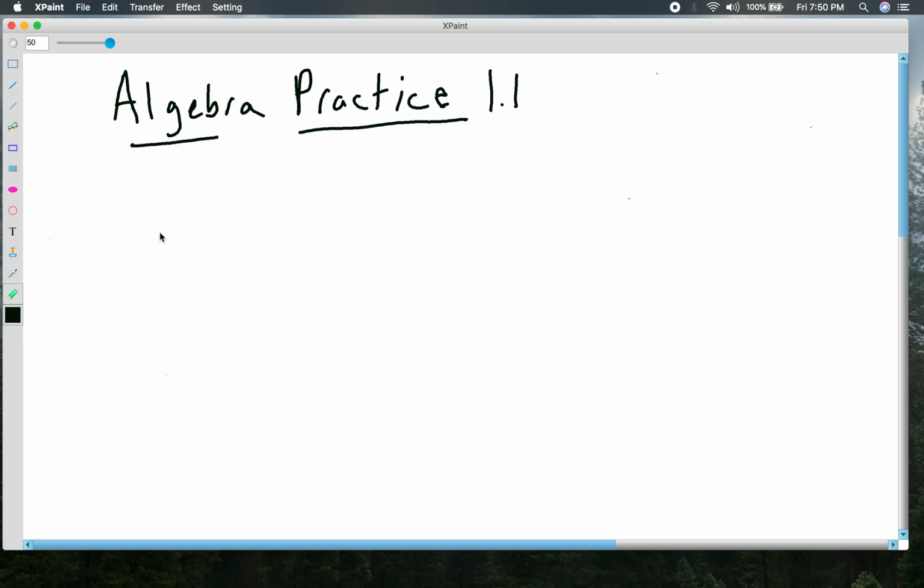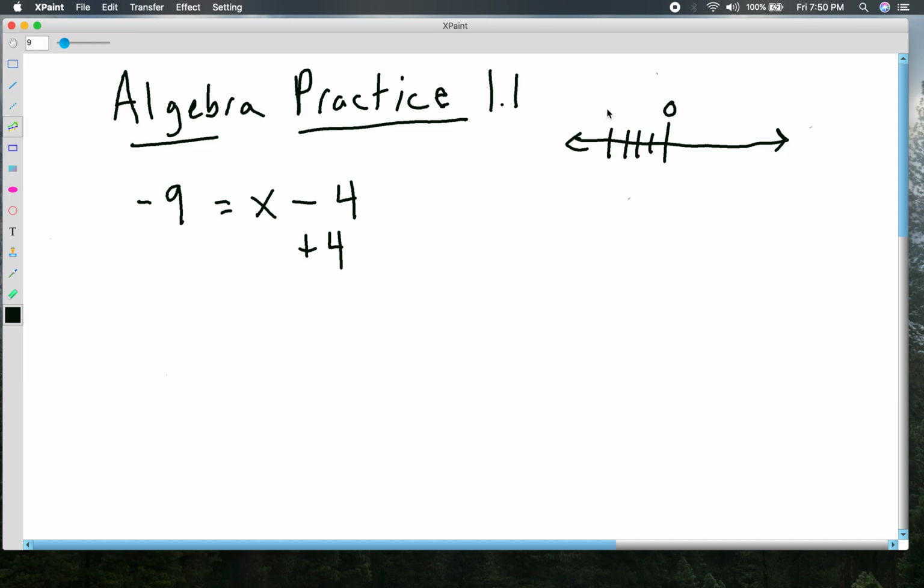Let's do negative, oh, I always do this. Negative 9 equals x minus 4. So instead of an addition here, we've got a subtraction. So negative 9 equals x minus 4. Well, I want to add 4 here because if I'm 4 down on my number line and I want to go back here, I have to go plus 4 to get back to 0.